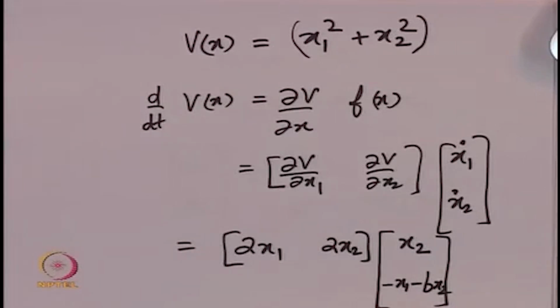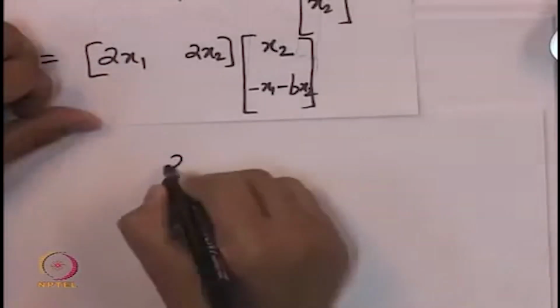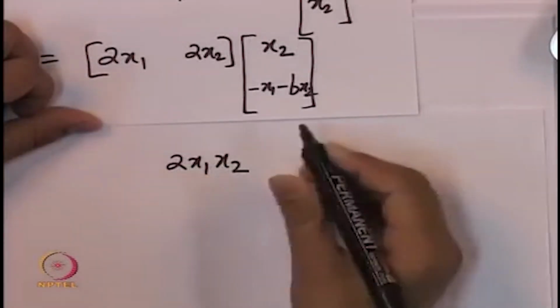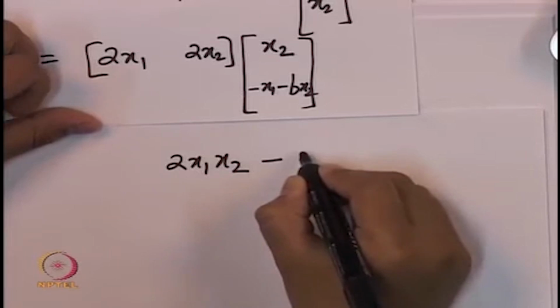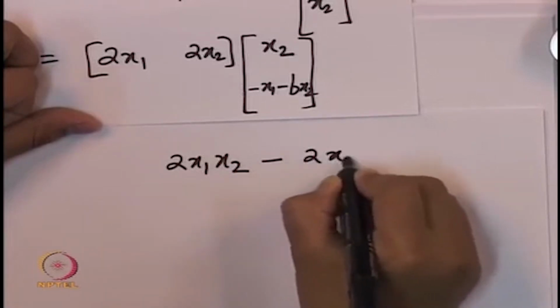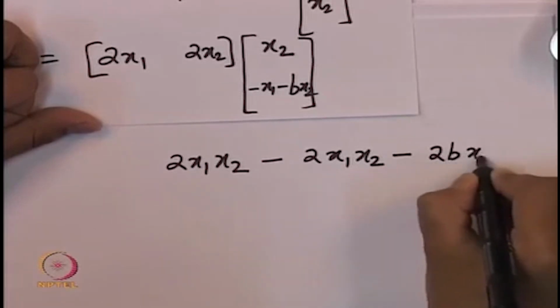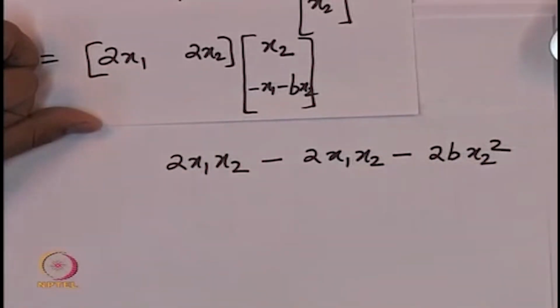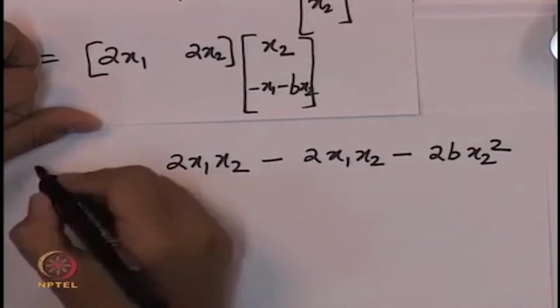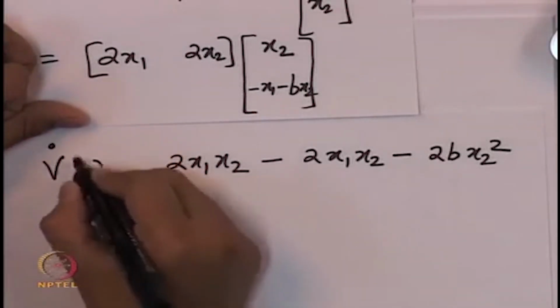Upon evaluating this, we get 2x1 x2 minus 2x1 x2 minus 2b x2 square. This is what we get as v dot of x.